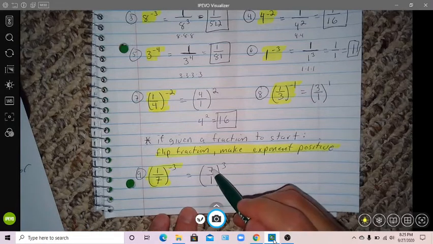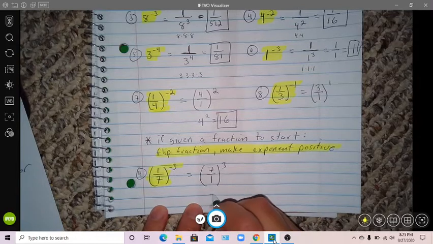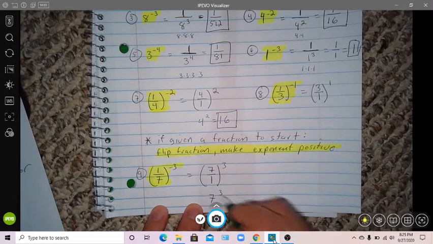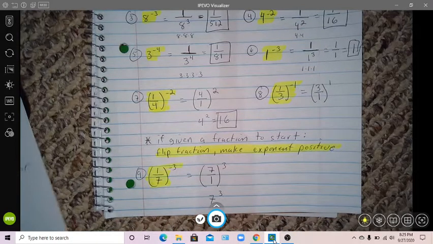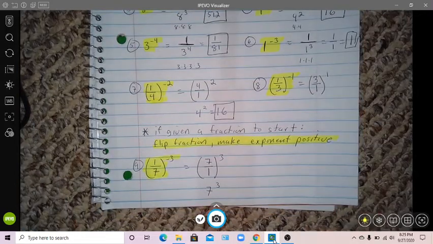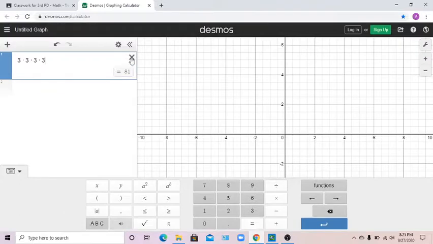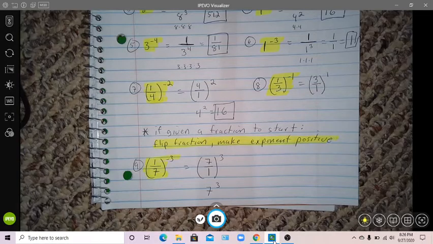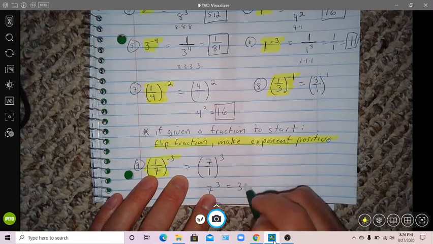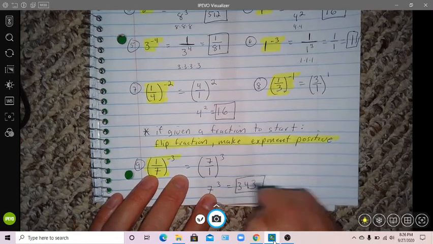Well, you know that 7 divided by 1 is 7. So this is 7 to the 3rd power. Now you just have to figure out what 7 to the 3rd power is. So let's go to our Desmos calculator. 7 times 7 times 7 equals 343. So 7 to the 3rd power is 343. That's what you put in as your answer.